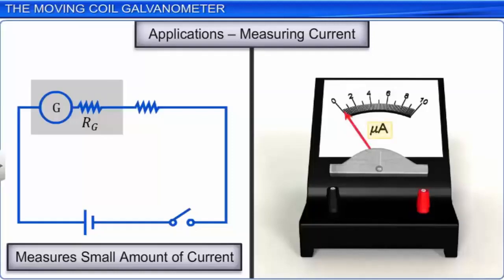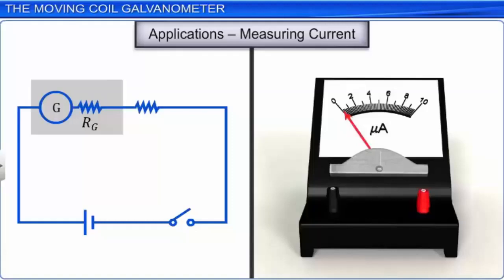And the second is, to measure the currents in electric circuits, the galvanometer has to be connected in series. Due to the resistance of the galvanometer, it can affect the value of current in the circuit when connected. This difficulty can be overcome by connecting a small resistance, Rs, in parallel to the galvanometer.